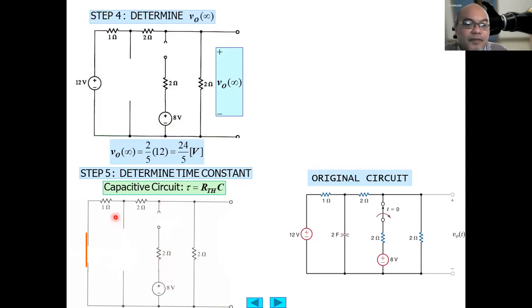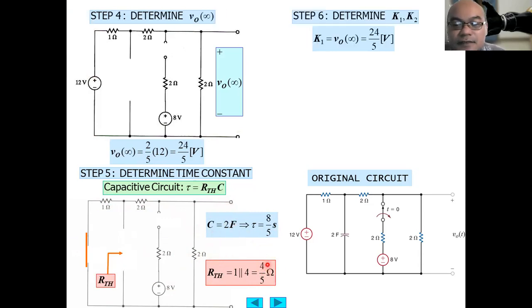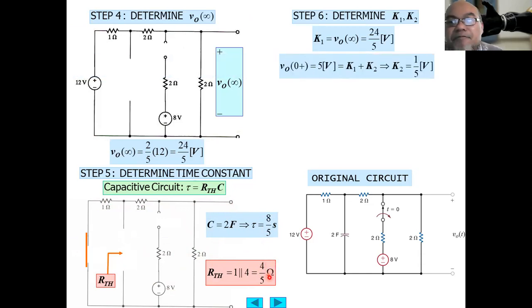The resistor seen from this terminal will be this 2 ohm in series with this 2 ohm, 4 ohm, in parallel with this 1 ohm. 1 ohm in parallel with 4 ohm, we obtain 4 over 5 ohm. Since the capacitance is 2 farad, tau will be 2 times 4 over 5, or 8 over 5 seconds, or 1.6 seconds.